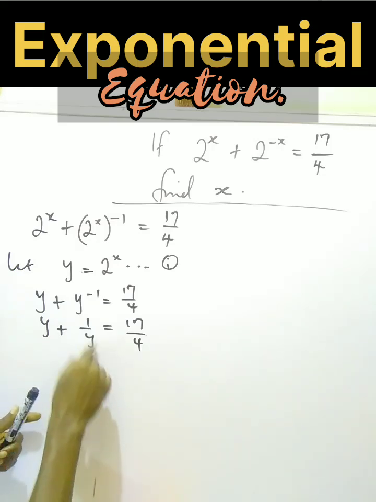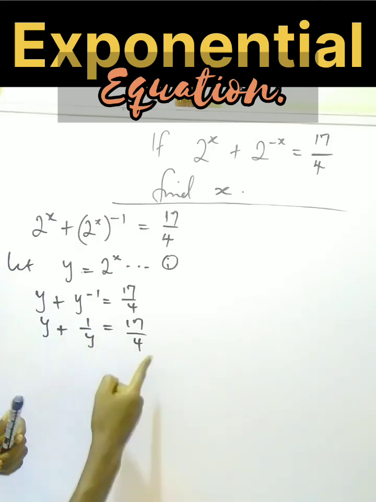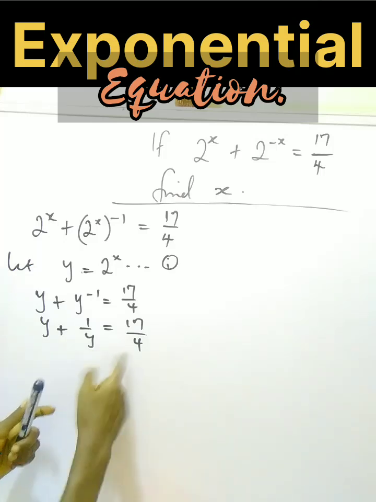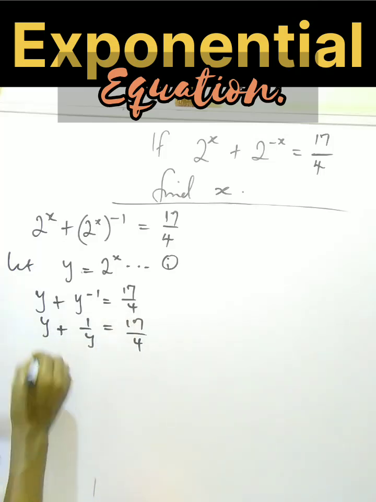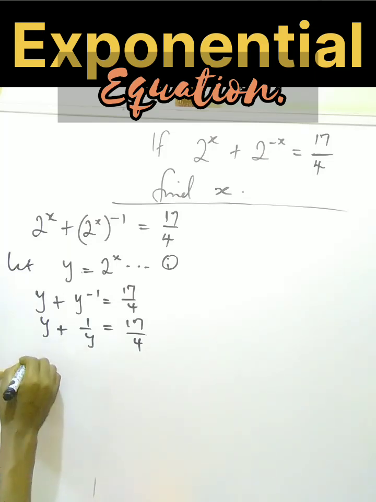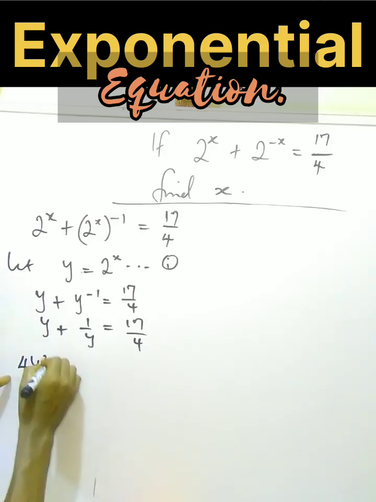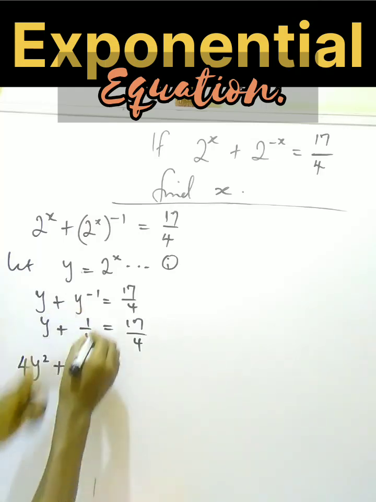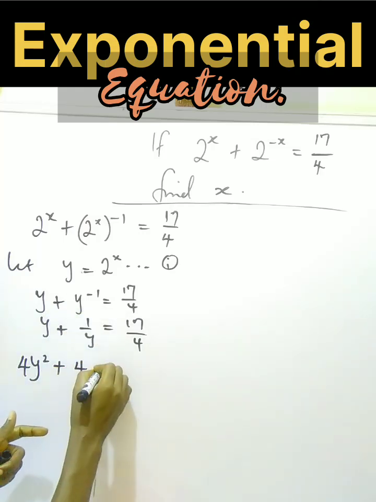To get rid of this fraction, I'm going to multiply by the LCM. Remember, the LCM of this fraction is 4y. So if I multiply everything here by 4y, I'm going to have 4y squared plus, multiplying this also by 4y, that will give me 4.